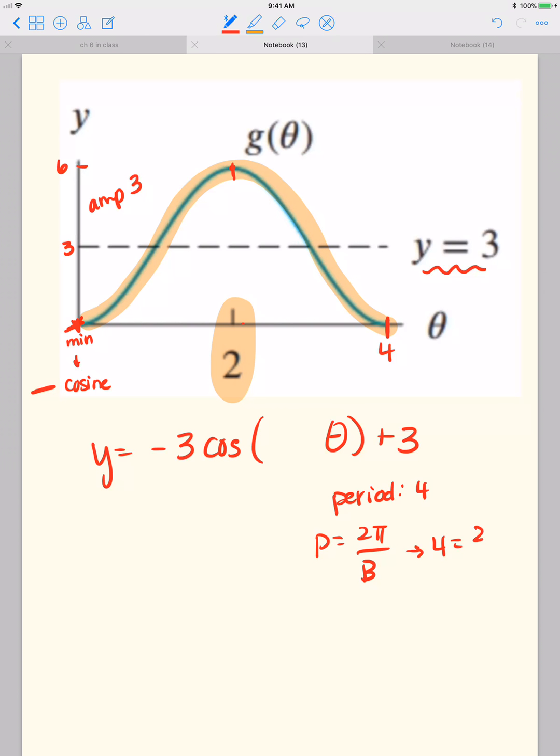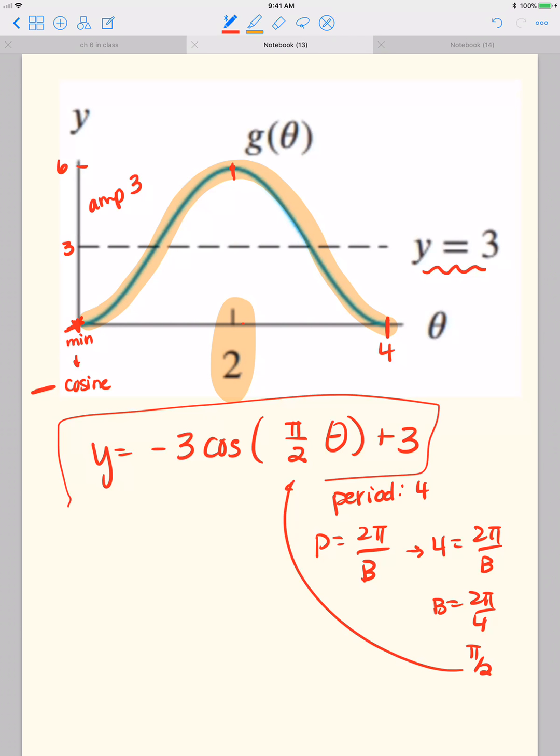So we have 4 equals 2 pi over B. So B equals 2 pi over 4, which is pi over 2. And then we'll put that in for our value of B. So we have -3 cosine of pi over 2 theta plus 3 for our final equation.